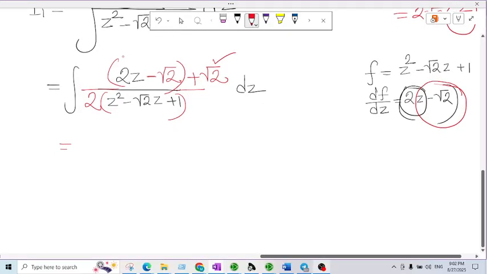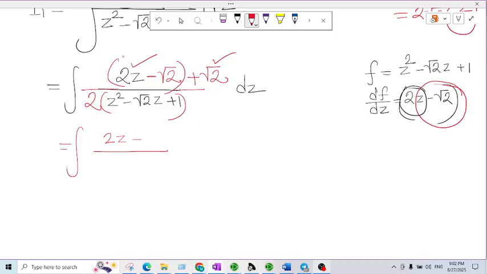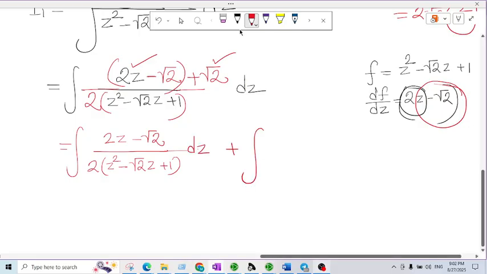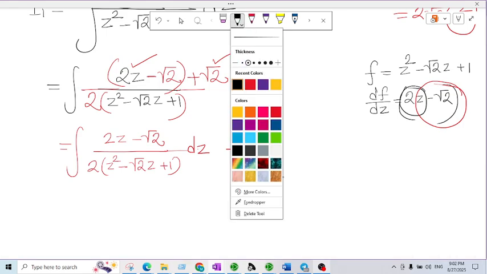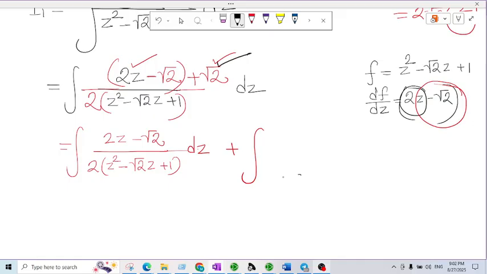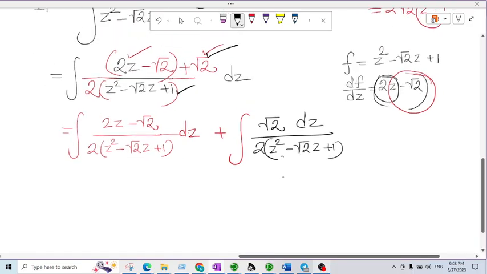So we will now divide this by the denominator, and we will get the integral of 2z minus root 2 over 2z square minus root 2 z plus 1 dz, and then we will divide this by the denominator, and we will get root 2 over 2z square minus root 2 z plus 1 dz. Okay, so let's now work with the first term.